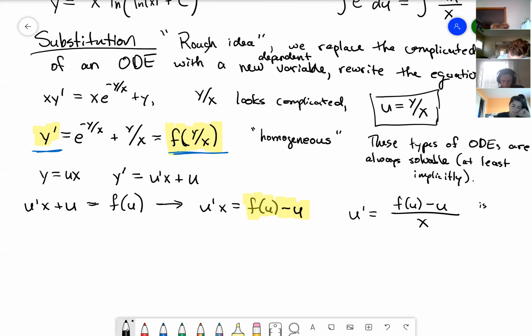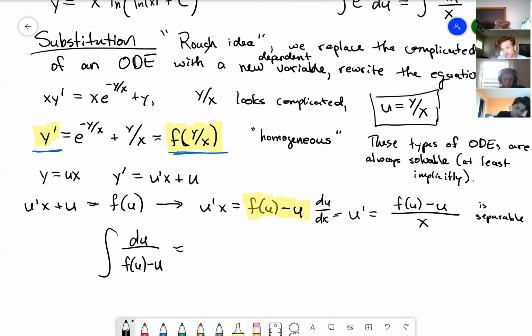And this is separable. So we can do the separation of variables. We get on the left-hand side du over f of u minus u, in terms of the dependent variable, and on the right-hand side we get dx over x.